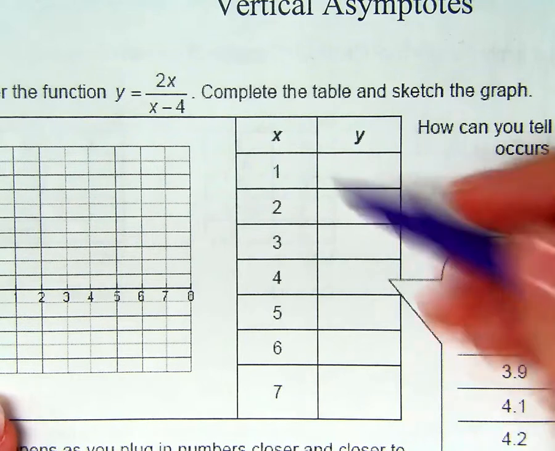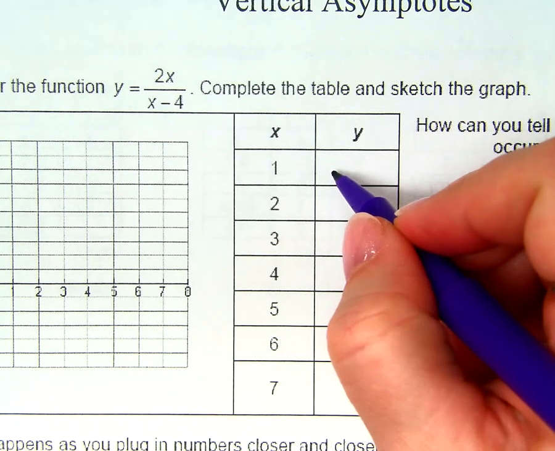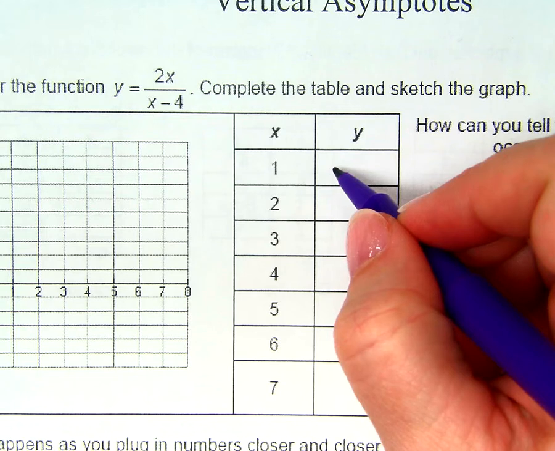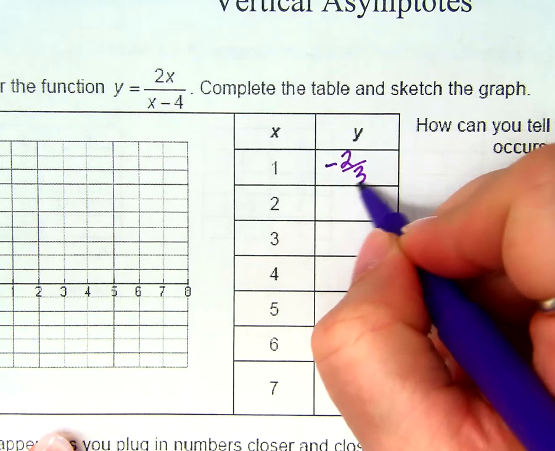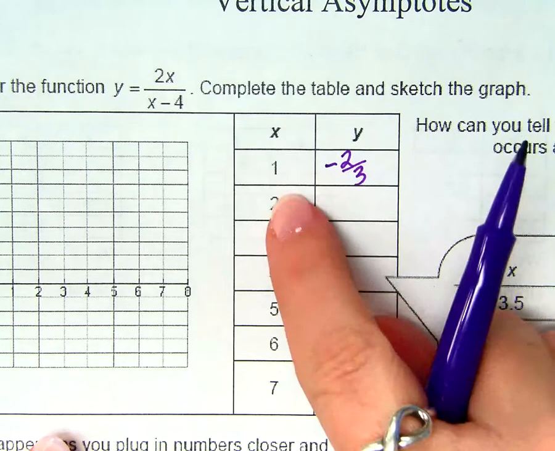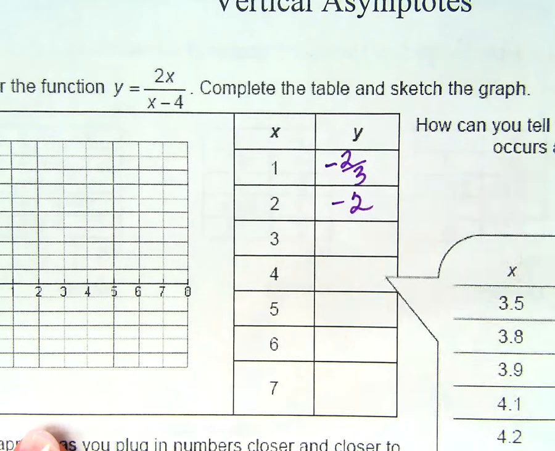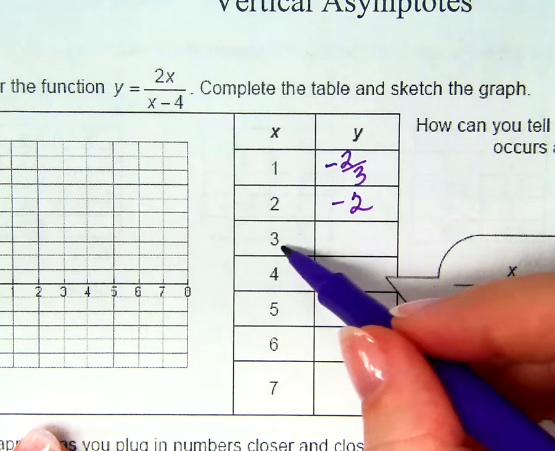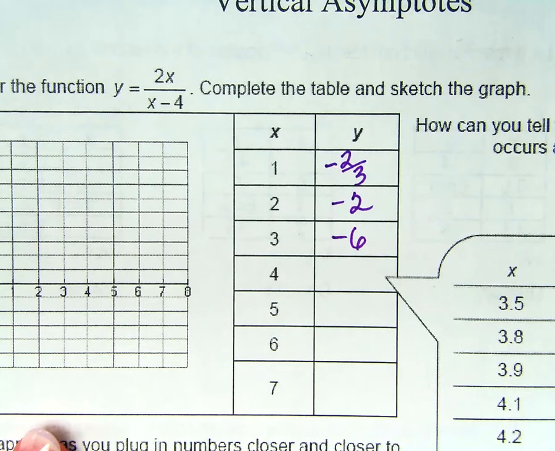So when we look at the table, after we look at the graph for a moment, what do we get at 1? When x is 1, what's y? So like 0.666 something. Now we know that that's 2/3, right? So I'm going to go ahead and put 2/3. What is y when x is 2? -2. What is y when x is 3? -6. 4?